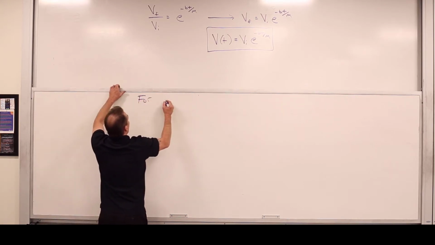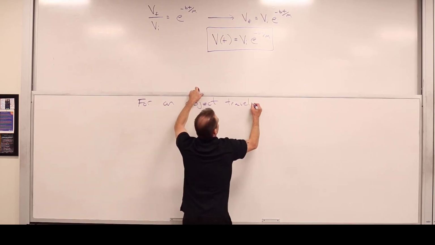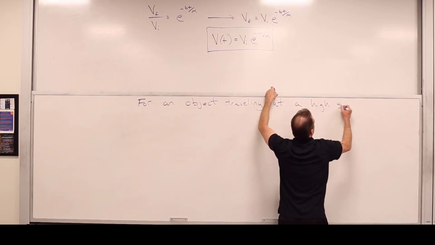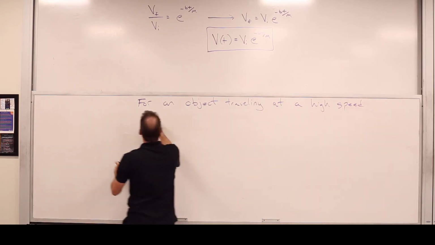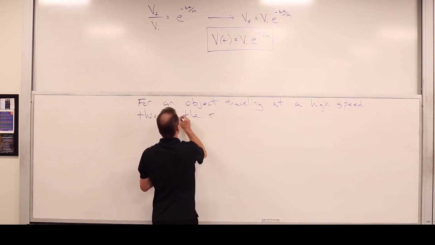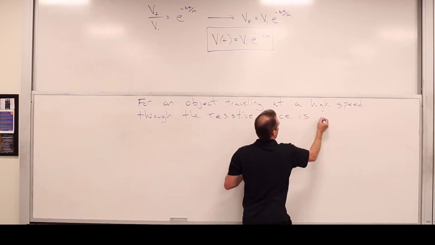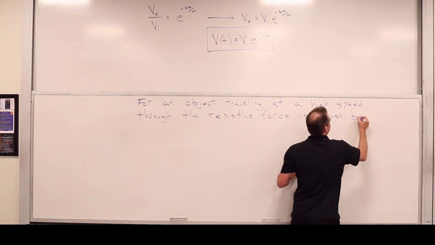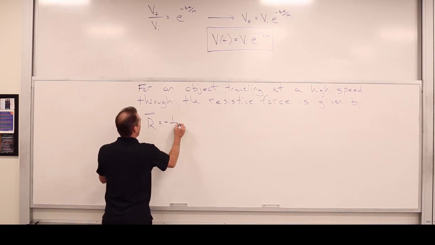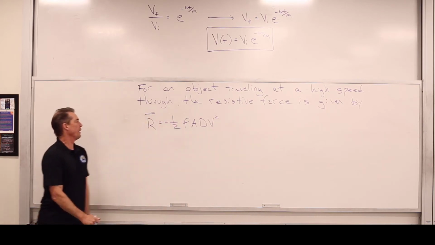So for an object traveling at a high speed through air, the resistive force is given by R hat is equal to negative 1/2 rho A d V squared.